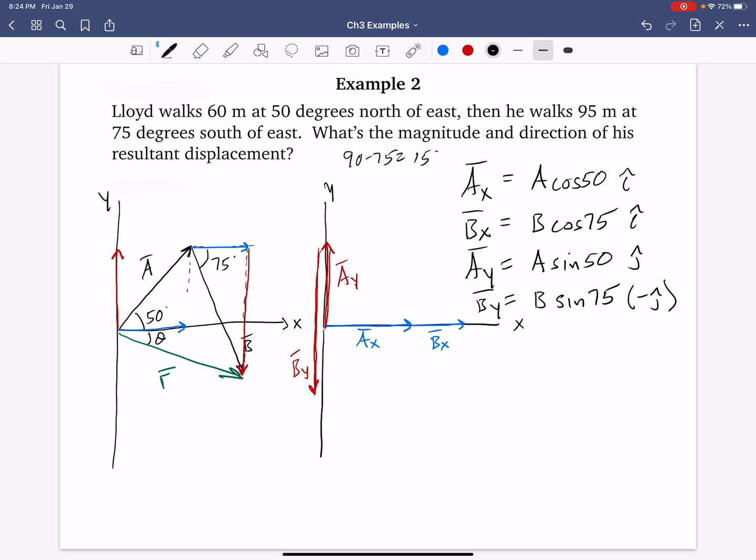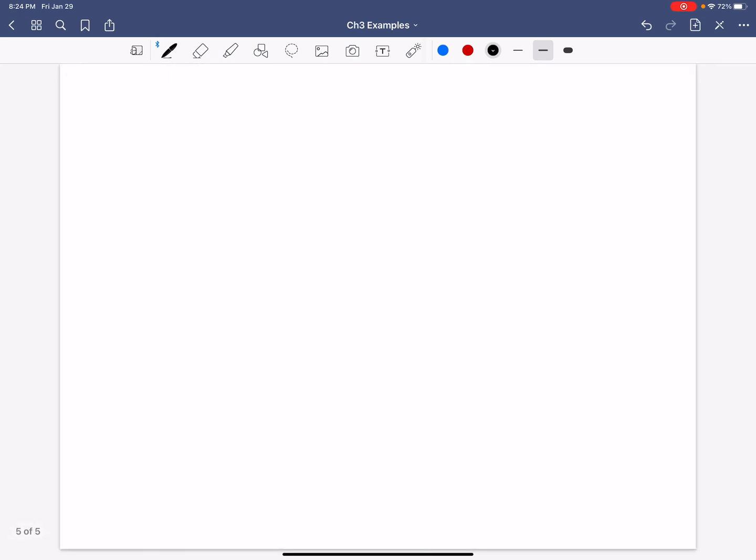Okay. All right. So let's move to the next slide. And we basically want to find what all of those components add up to. So R equals A plus B. Remember, this is the vector sentence, or our vector statement. So Rx is equal to Ax in the i hat direction plus Bx in the i hat direction.